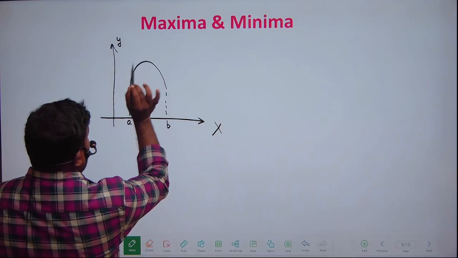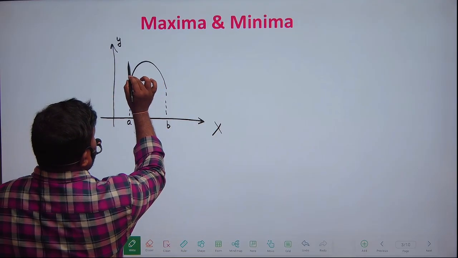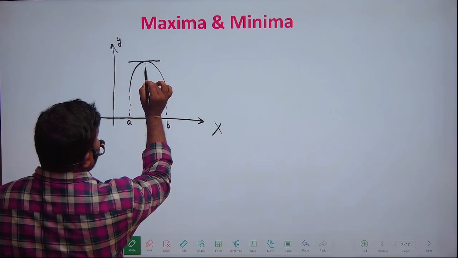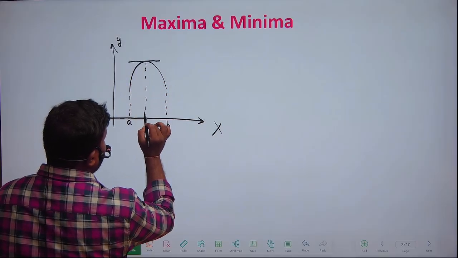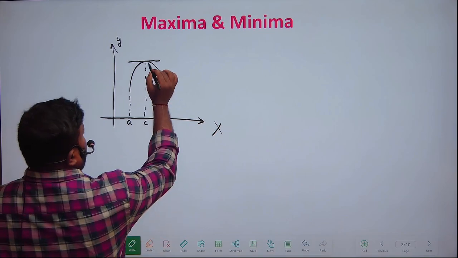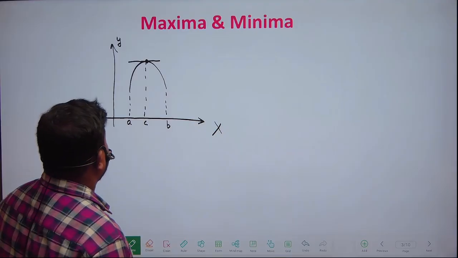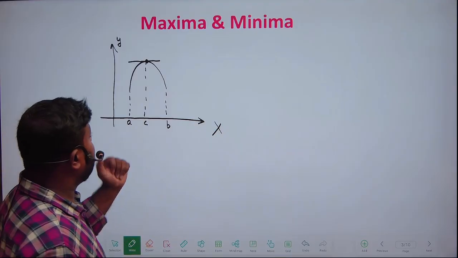If you look at the top, or you can say the peak value of this function, I am taking this value as c. This is the peak value, meaning the maximum value of this function. But how do you understand this is the maximum value?